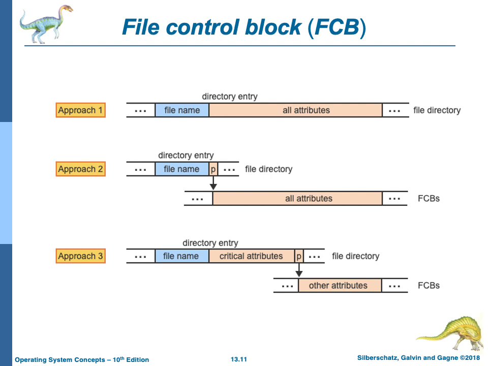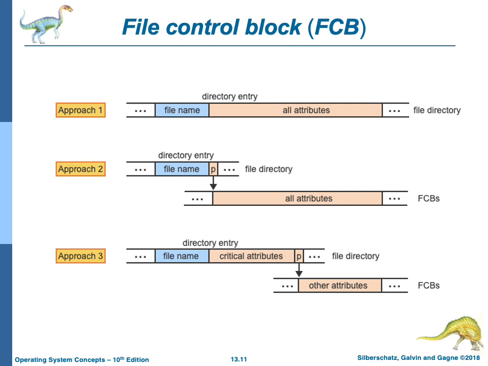A third approach is to keep the file name and some of the critical attributes that we want quick access to, and then a pointer to all the other attributes that are kept in a different data structure. Now, what's that data structure? That data structure is called a file control block. Remember, just like a process control block, here it is called a file control block.